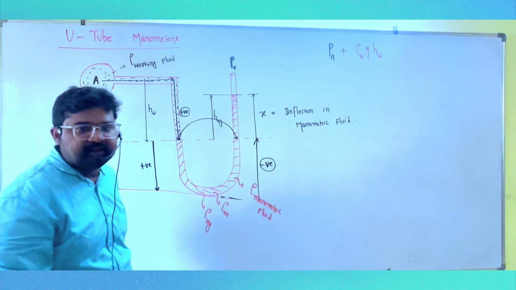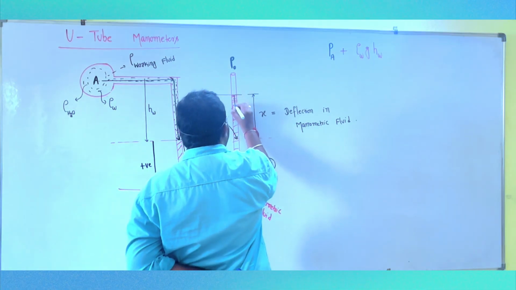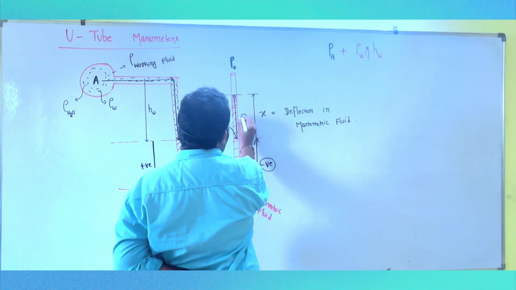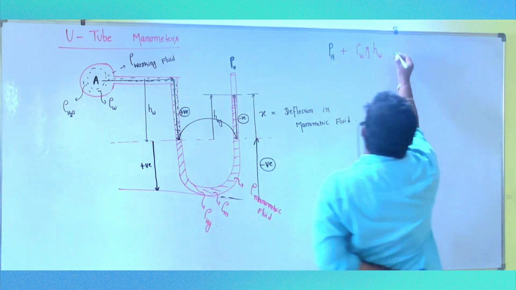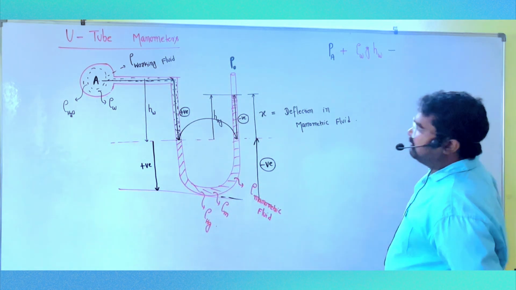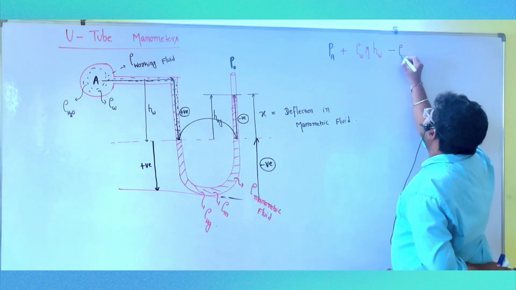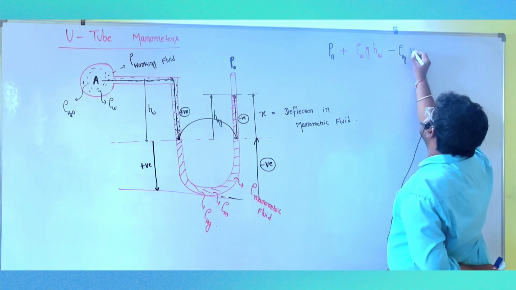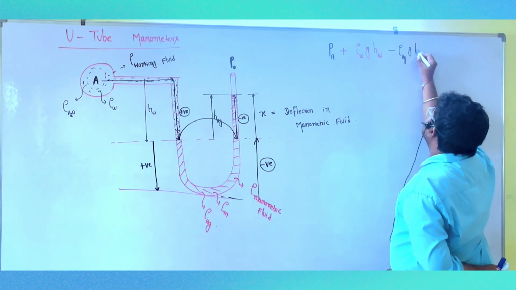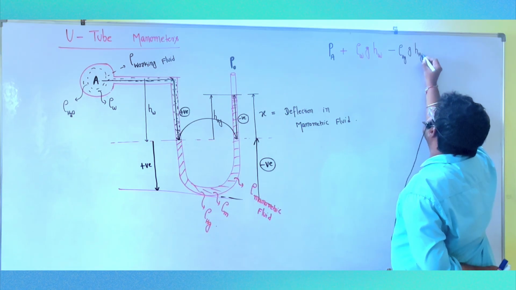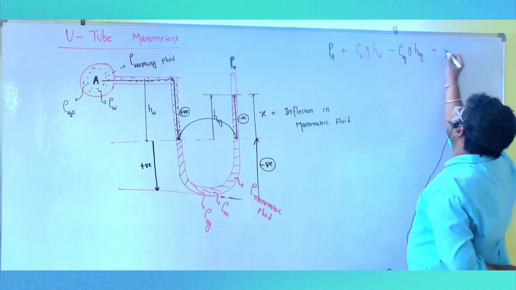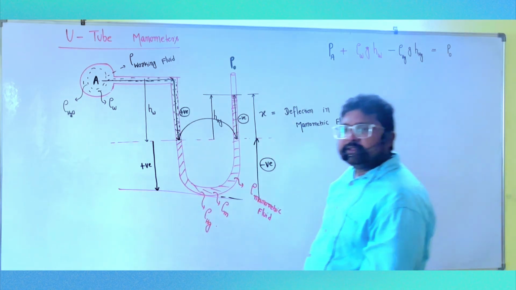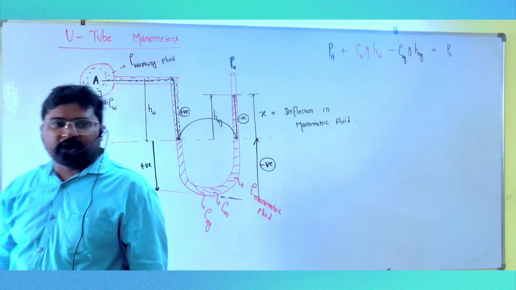Then moving up, negative: minus density of the mercury into g into height of the mercury column, equal to P naught.